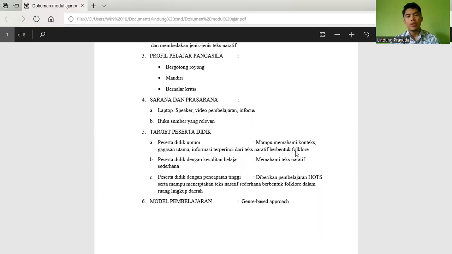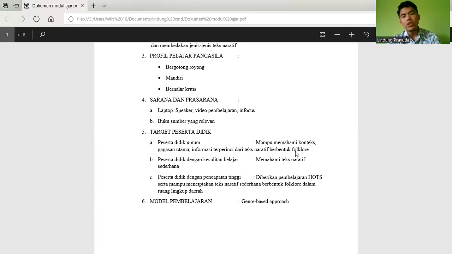And then for the students, after learning this topic, first, general students are able to understand the context, main idea and specific information from narrative text in terms of folklore. For the students with difficulties in learning, we hope that they are able to understand a simple narrative text.